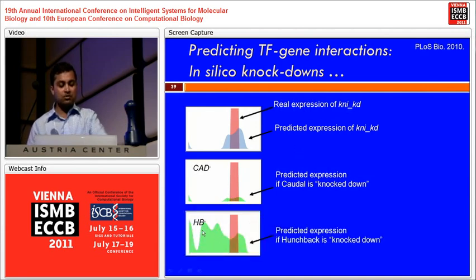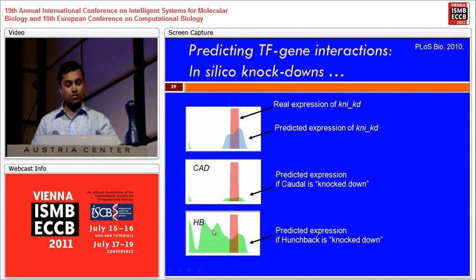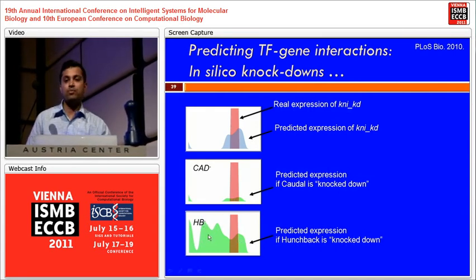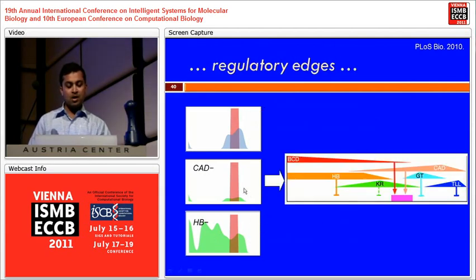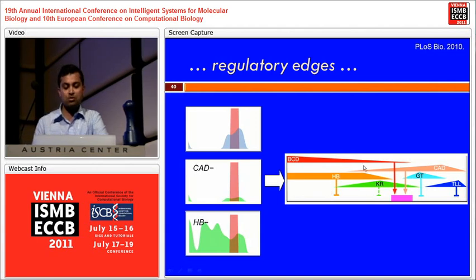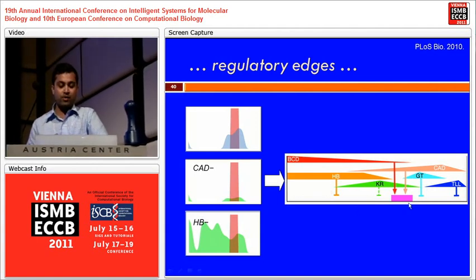Likewise, if we knock down a different transcription factor, hunchback, we get extensive de-repression from our predictions, and so you would predict that this is a repressor for the CRM. Doing this and doing some permutation tests to assess statistical significance of these effects, we got these kinds of umbrella diagrams explaining how this pattern of expression is achieved.